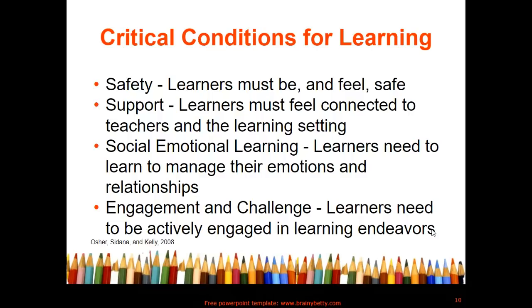Social emotional learning. Learners need to learn to manage their emotions and relationships, and we teach them that through Second Step. Engagement and challenge. Learners need to be actively engaged in the learning endeavors. And again, when we make it personal and something that they know, they are more inclined to engage in that learning.